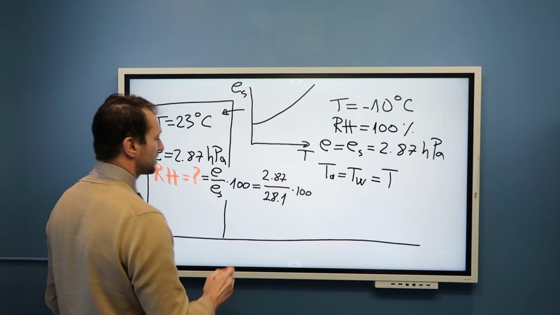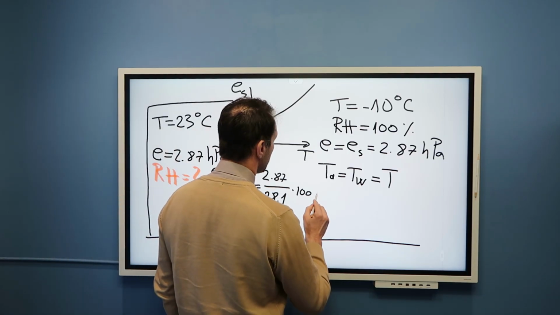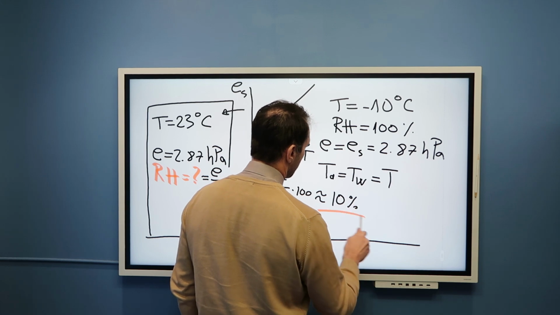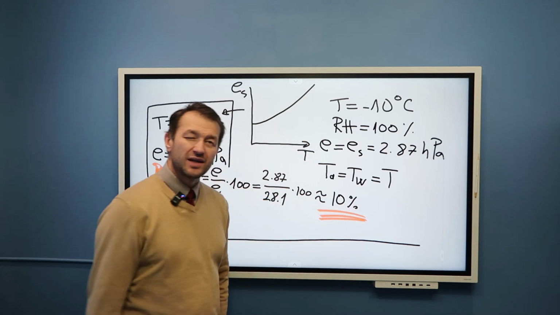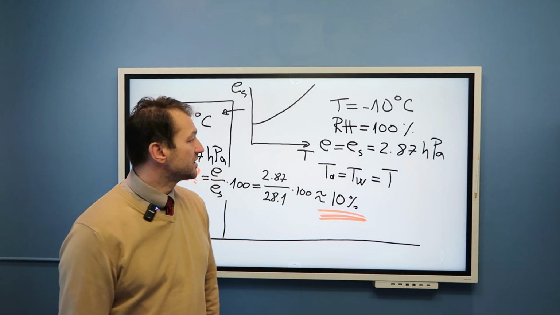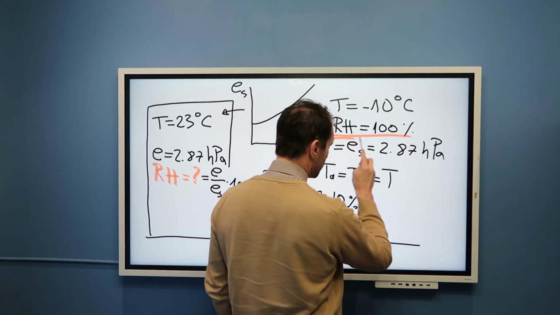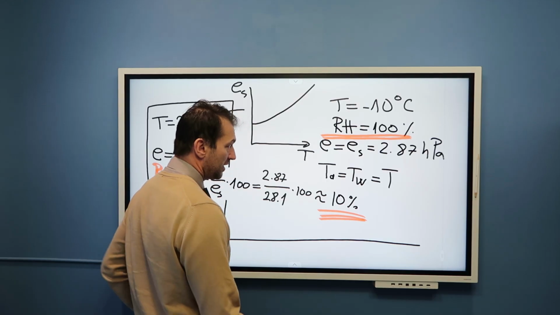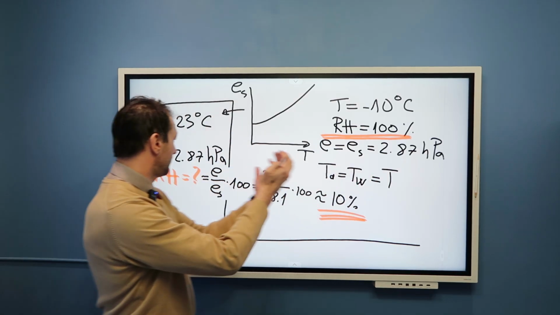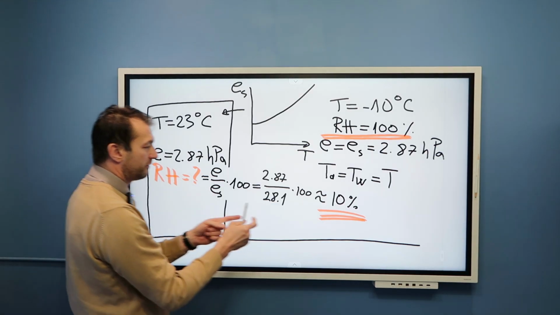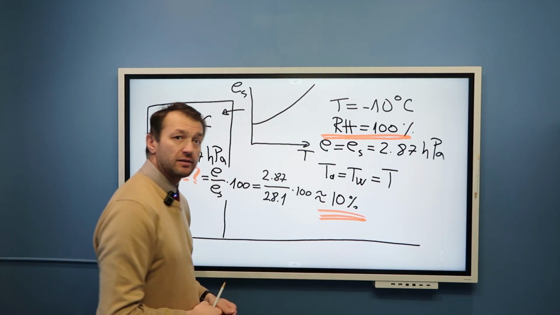And when you do this calculation, you will get that the result is around 10%. Isn't this absolutely amazing? Relative humidity outside is 100%. If you bring that air inside, relative humidity of that air is about 10%.